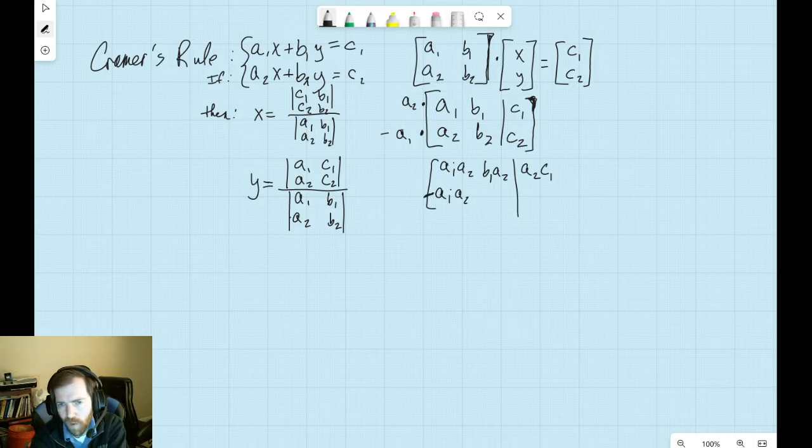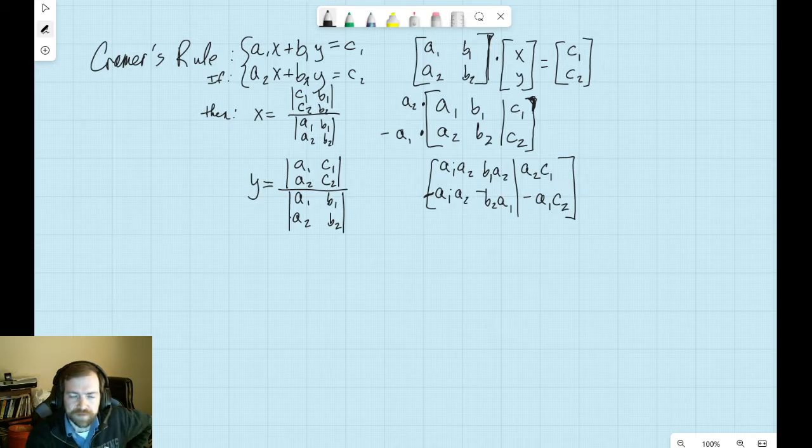Right, we want the top to have our positive value in the first position. Alright, so this is negative B2A1, and then this is going to be negative A1C2. So we're going to add row 1 to that.